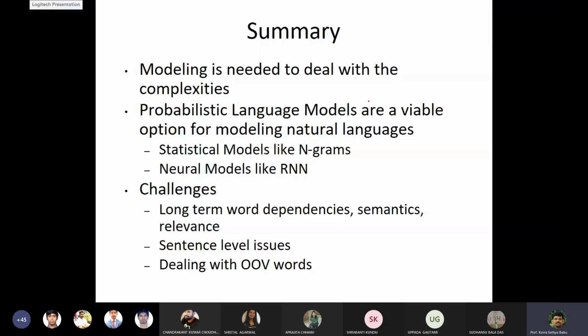Some of the challenges, as I said earlier, are that long-term word dependencies and semantic relevance are not captured. We have sentence-level issues where the meaning gets changed, and there are problems dealing with unknown occurrences of words.